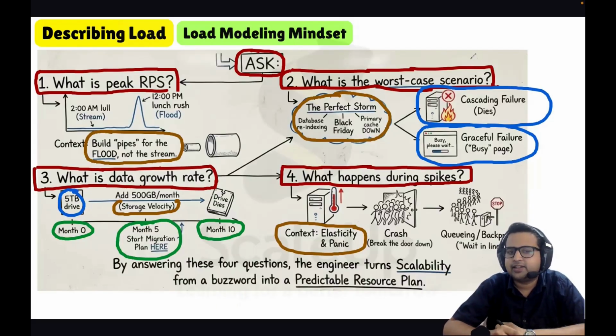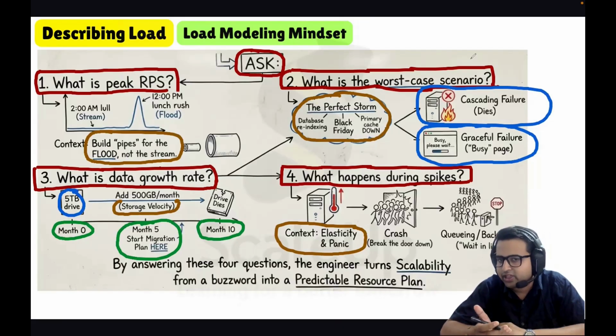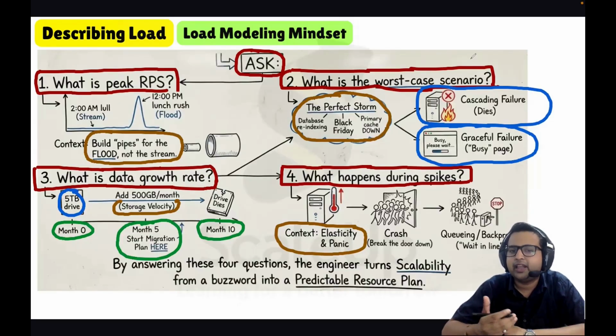The good engineers analyze how the system behaves during the spikes, and if they see that the system crashes because it takes time to auto scale resources, then they implement something called queuing, wait in line, or back pressure.